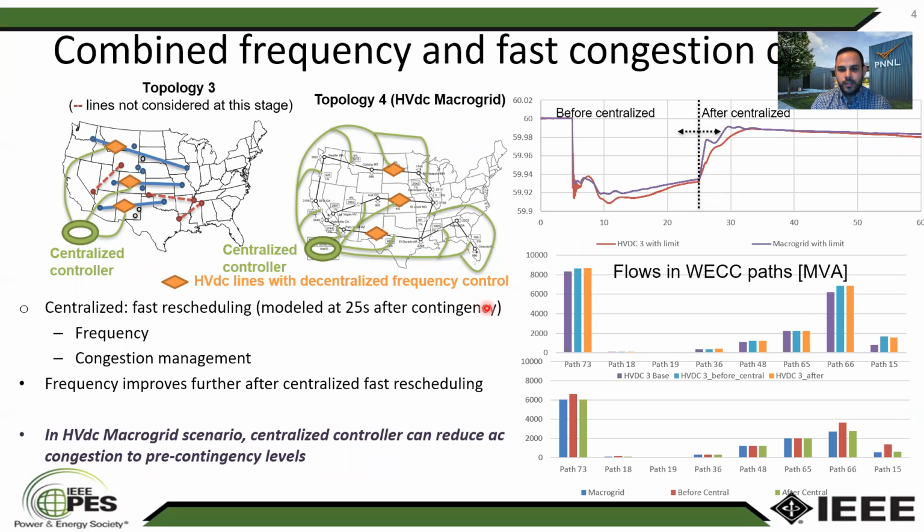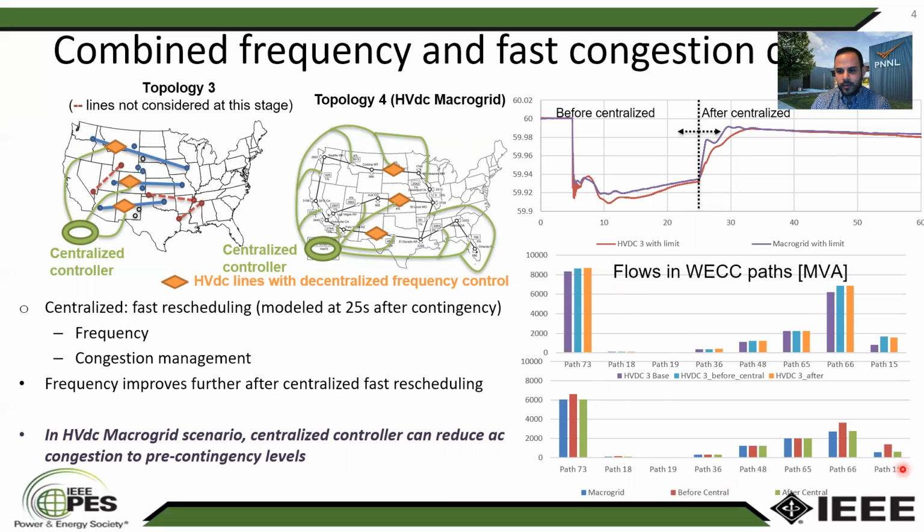However, on top of that, we wanted to investigate how the flows in the system are impacted. So we highlighted certain paths in WECC in the western interconnection. And in this case, we wanted to see how they got impacted before the contingency, after the contingency but before the centralized control, and after the centralized control. So here, the top figure, looking at topology 3, we see that after the contingency and after the centralized control, the flows in these paths are increasing.